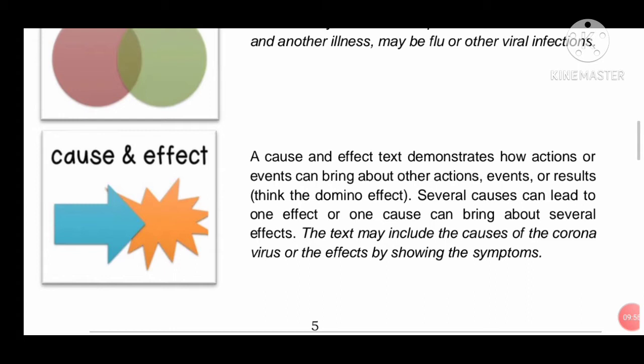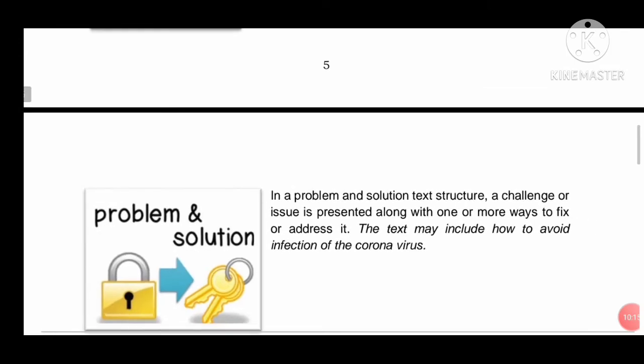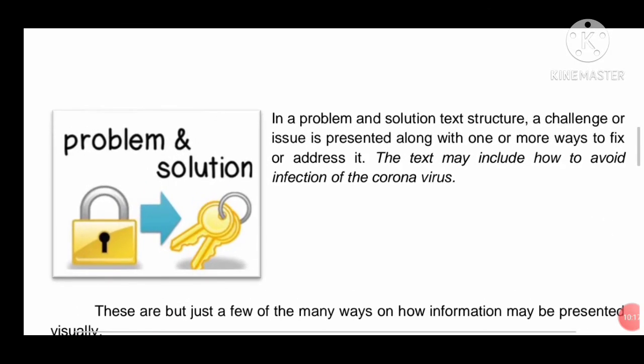So in the cause and effect type of text, we can include the causes of coronavirus and the effects of it on the people, okay, by stating the different signs and symptoms the person can get from coronavirus.